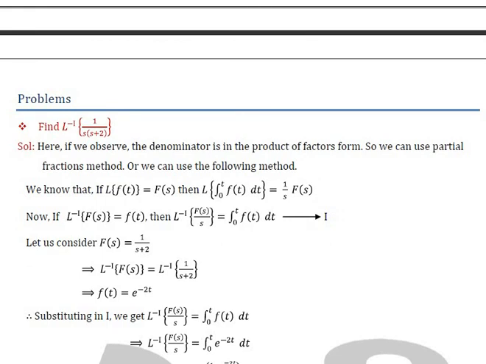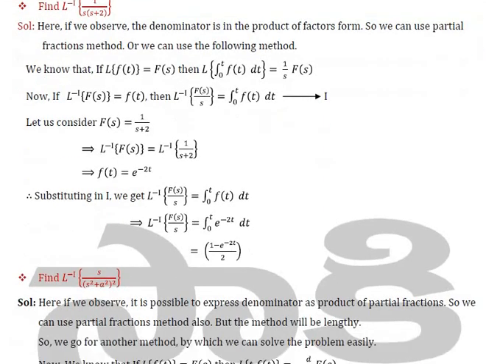So L inverse of f(s) equals L inverse of 1 by s plus 2, that is f(t) equal to e to the power minus 2t. Substituting in equation number 1, L inverse of f(s) by s equals the integral from 0 to t of f(t) dt. So from 0 to t, f(t) is e to the power minus 2t. Evaluating it, we get the value one half of 1 minus e to the power minus 2t.